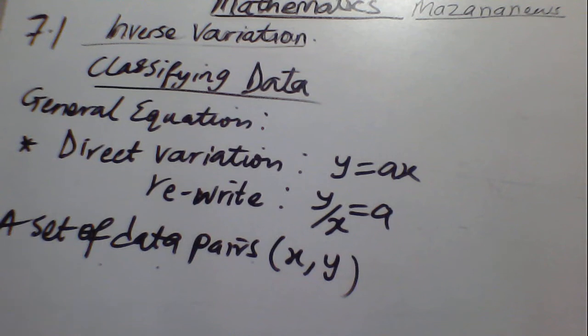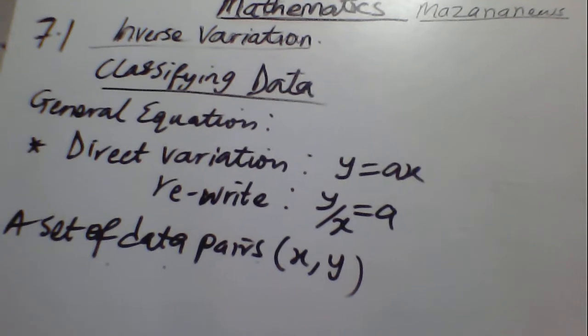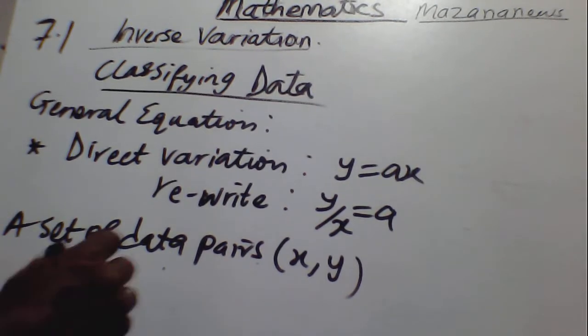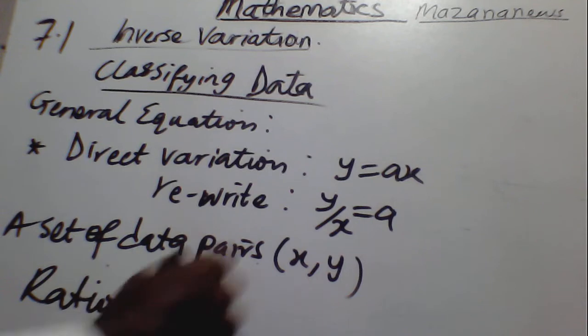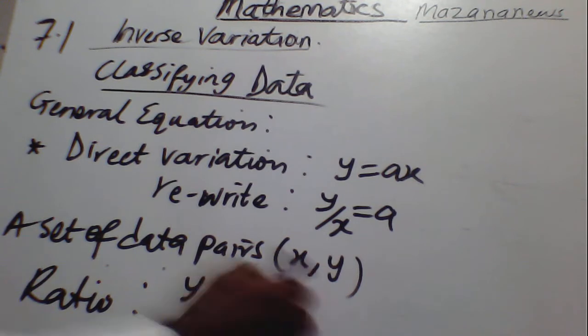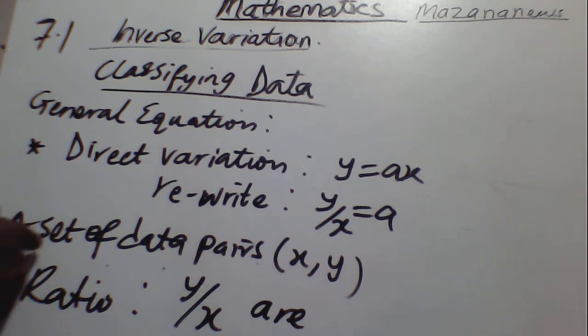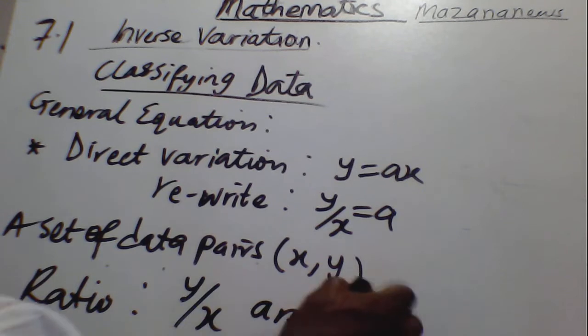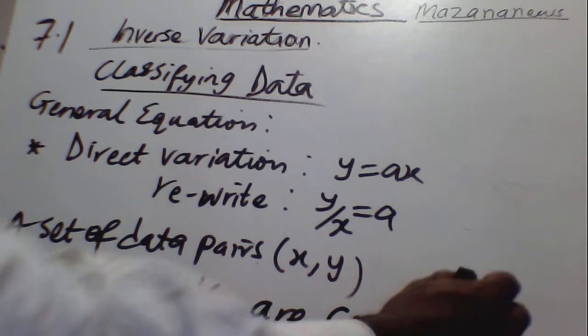If they show direct variation, when the ratio is in this form, y over x are constant. If the ratio is what? Constant. A set of data pairs, because of x, y over x are constant.